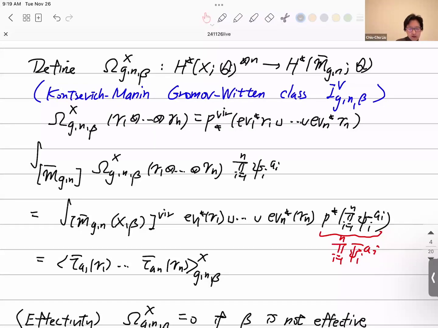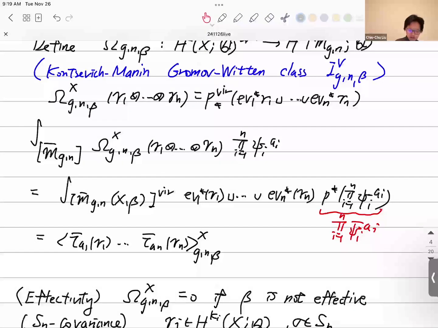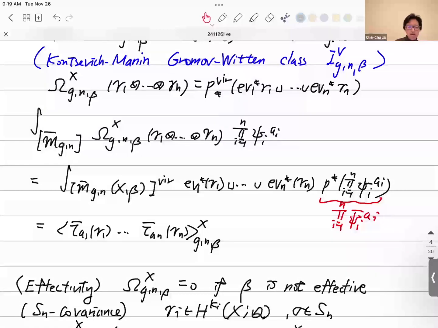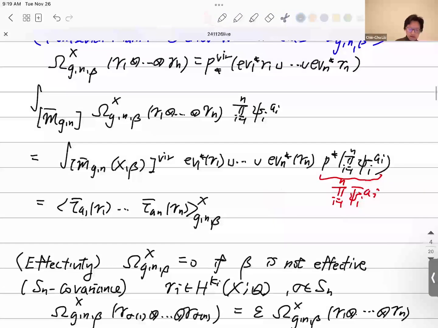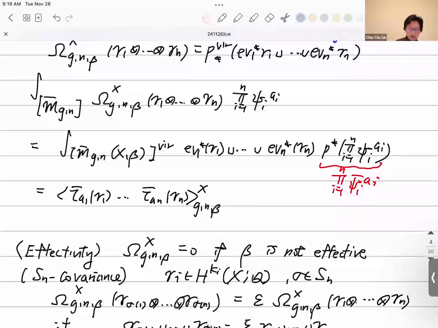Because the Poincare duality is defined by the fundamental class of M bar g,n, and also because the virtual push forward satisfies the projection formula, this integral is the same as the descendant Gromov-Witten invariant. So the Kontsevich-Manin axioms are stated in terms of these Gromov-Witten classes, but they are the same as ancestor Gromov-Witten invariants.